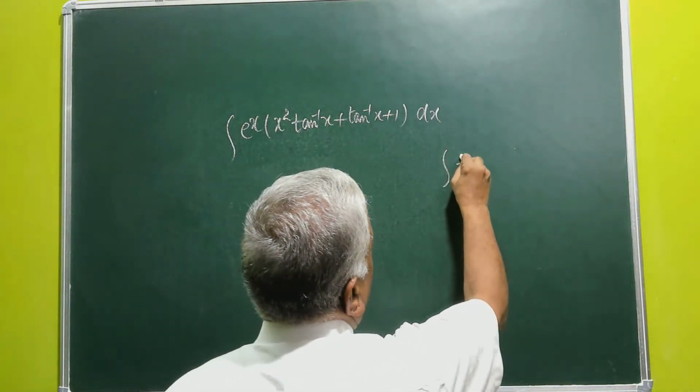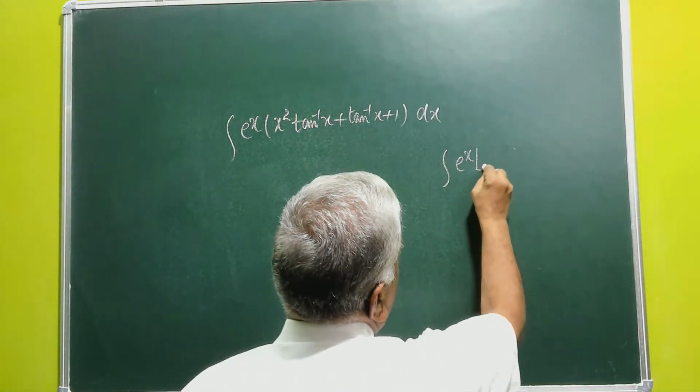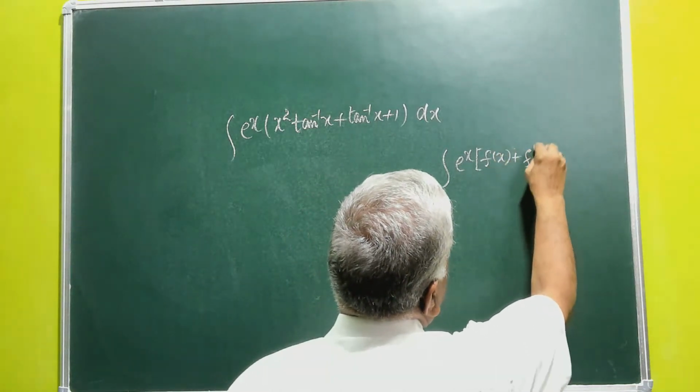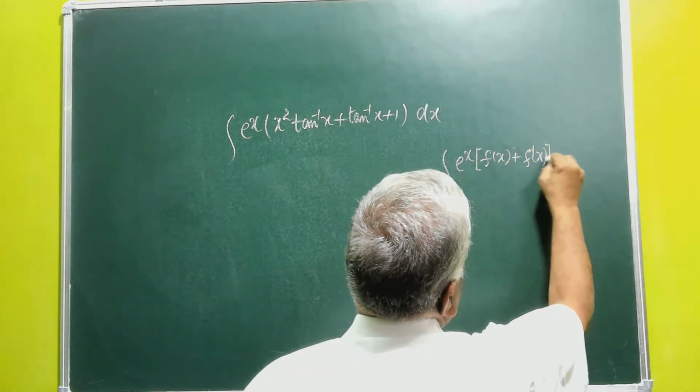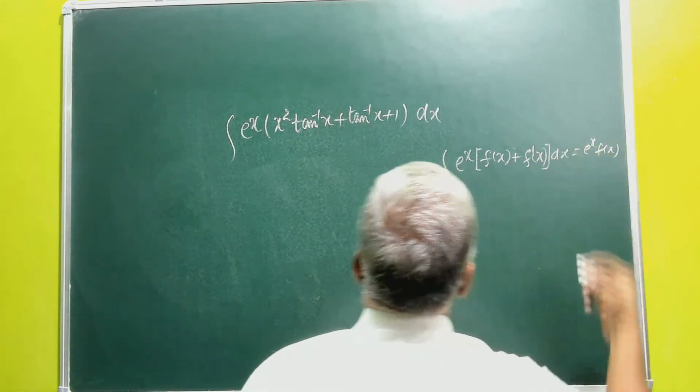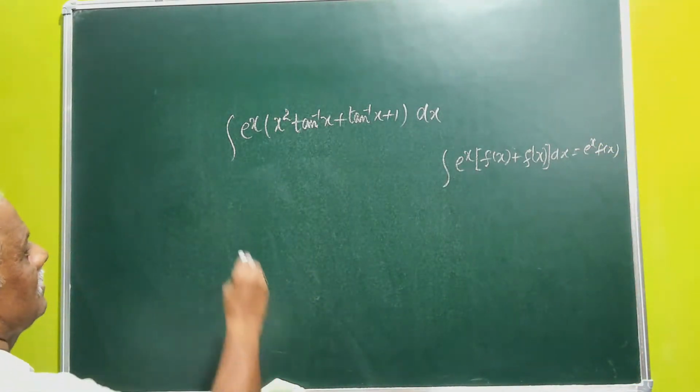Remember, I had told you whenever e to the power of x is there, especially in CET, it must be of the form like this. It's e to the power of x. So we have to work it out.